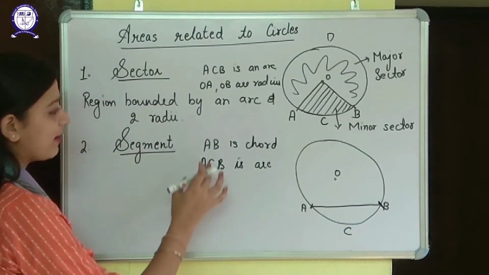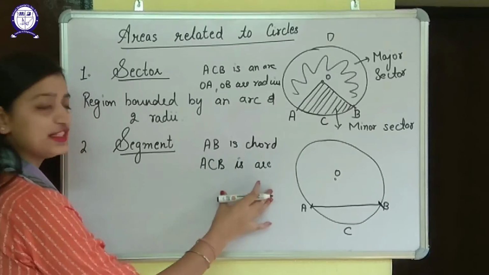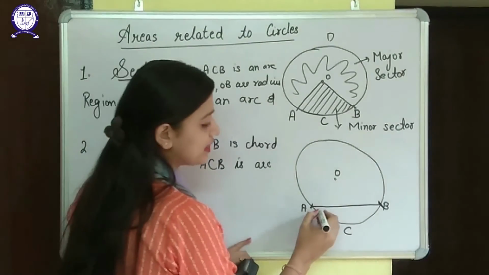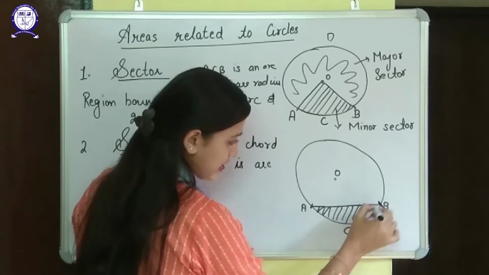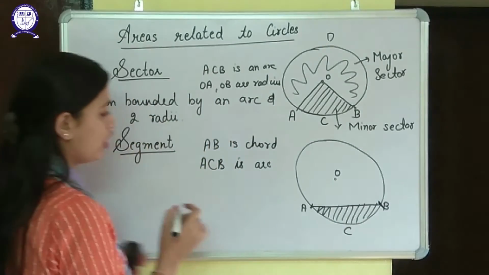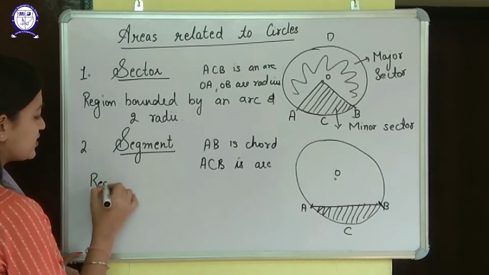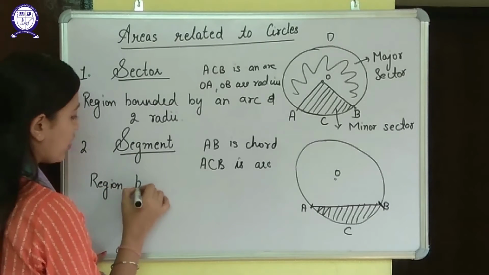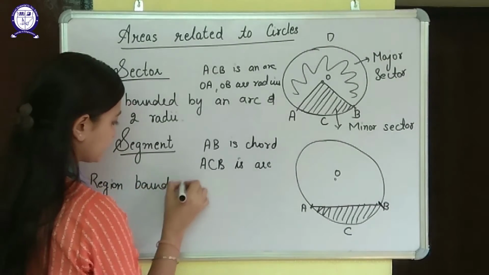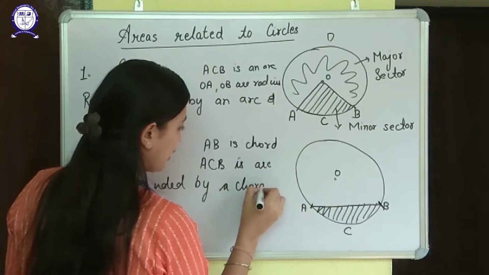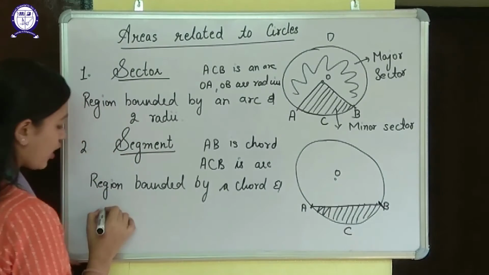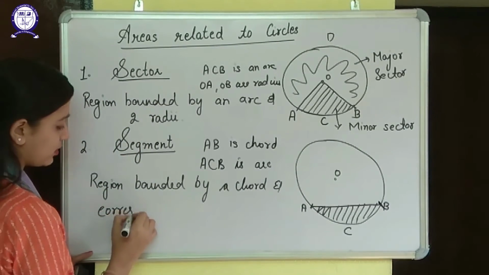So in this figure we have AB as a chord and ACB is an arc, and the region bounded by these 2 things is my segment. Okay, so the definition is region bounded by a chord and the corresponding arc.